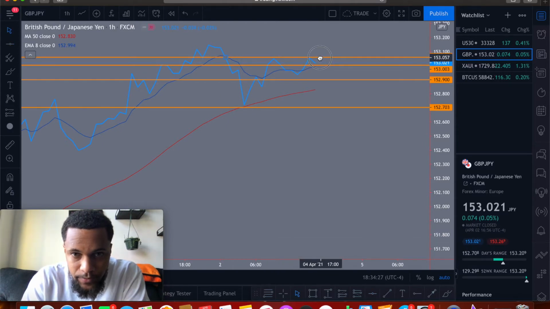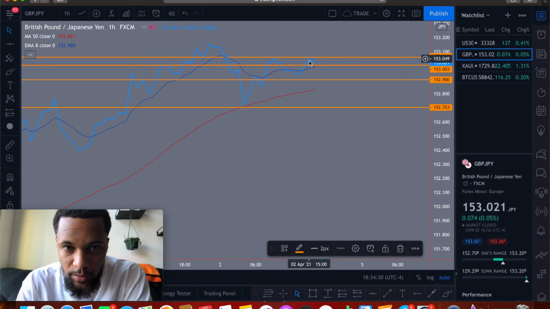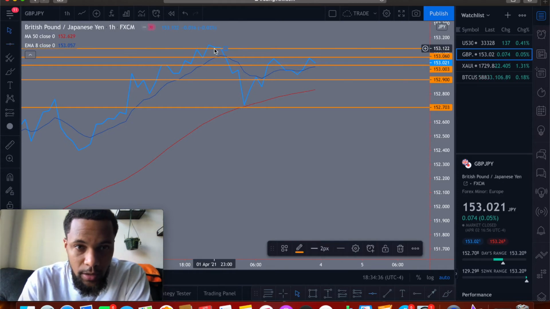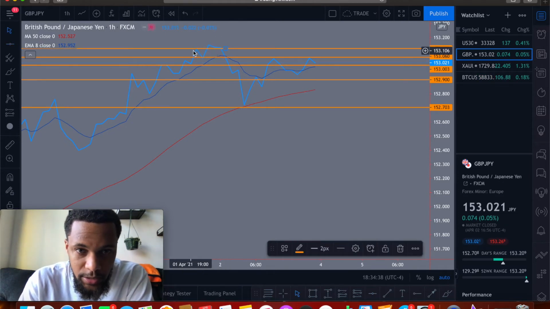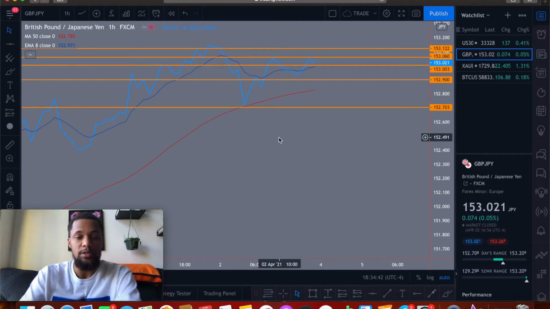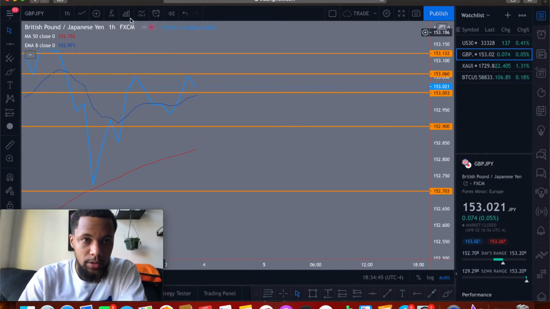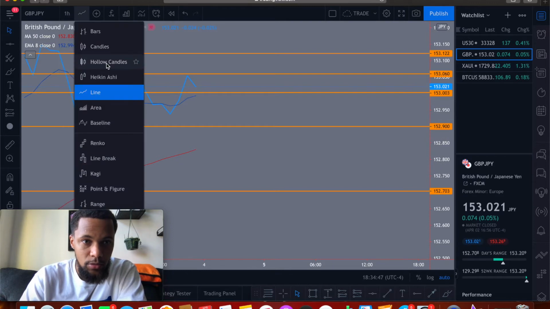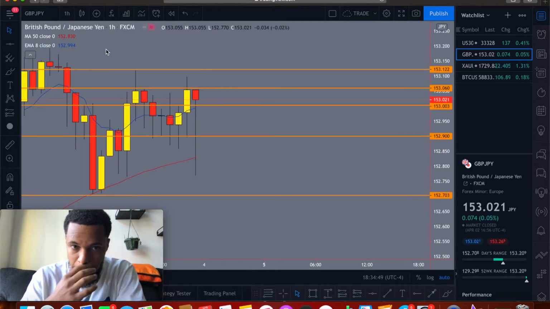Boom. And you want to keep it to where price is relative, where price currently is. So let's look for another one. Up here, touch here, came down, is moving sideways, right? Now what does this look like once we go back to our candlesticks?